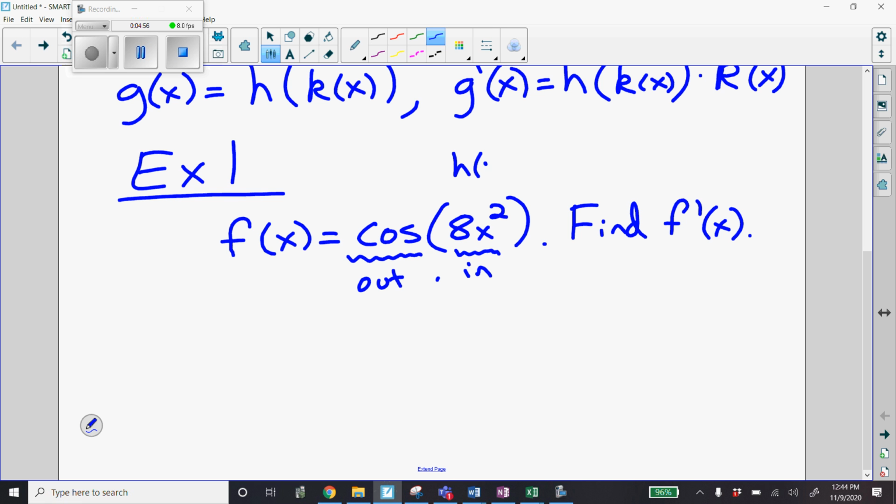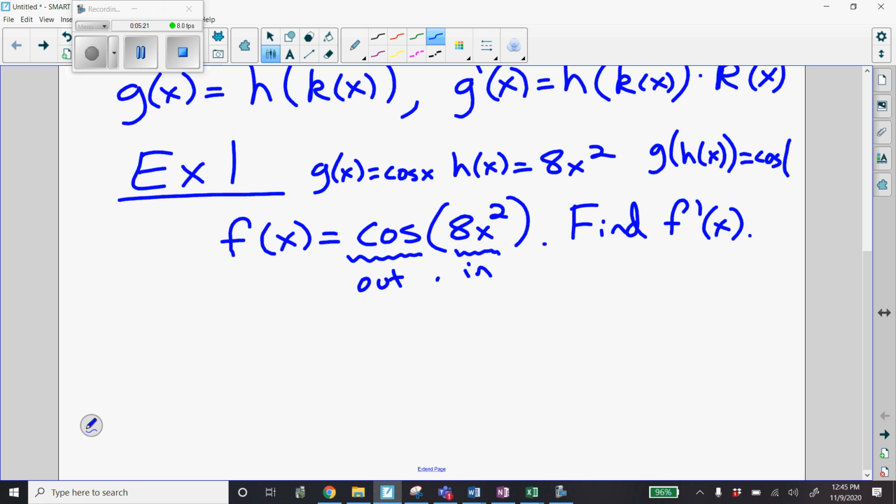If h of x was the inner function, 8x squared, and g of x was the outer function, in this case, cosine x. But if I wrote g of h of x, that would read g, which is cosine, of h of x, which is 8x squared.